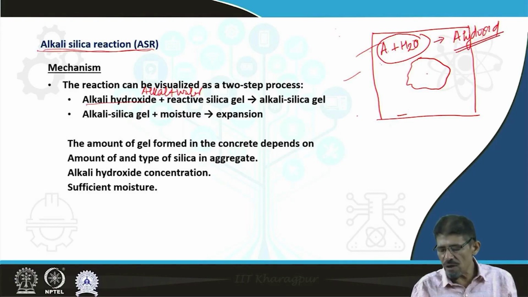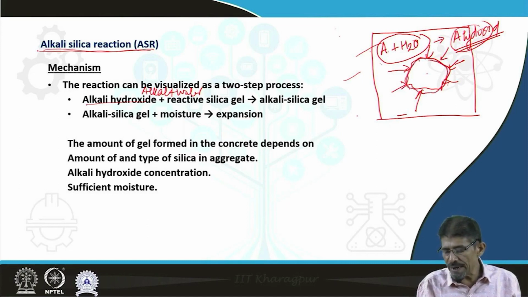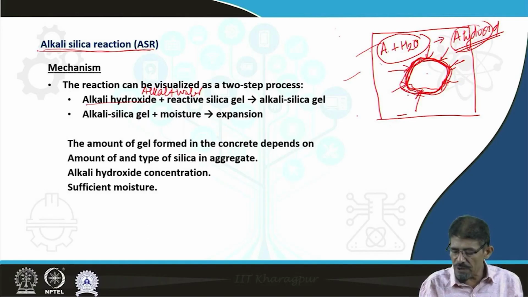This A hydroxide then is going to attack the silica containing aggregate, and as a result, in the second step, as a result of this reaction, there is a formation of reactive alkali silica.